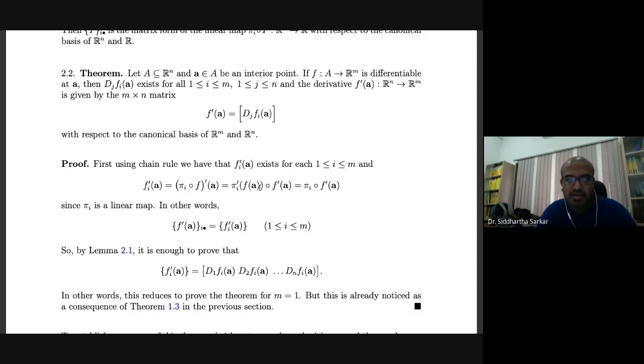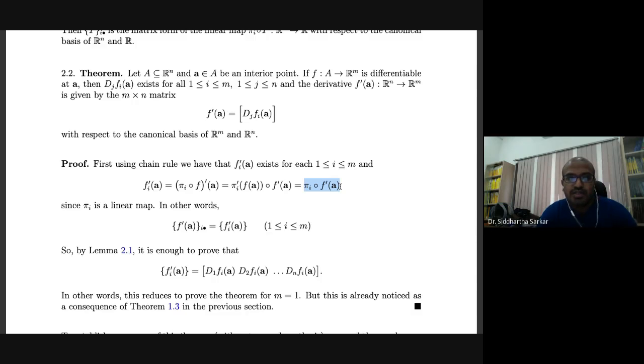The chain rule says this is nothing but pi i prime computed at f(A), composed with the linear map f prime A. Well, now recall that if we pick any linear map, the derivative of the linear map at whatsoever point you choose turns out to be the same linear map again. So this pi i prime at f(A) should turn out to be pi i itself as a linear map. And so this means that fi prime A is nothing but pi i composed with f prime A.